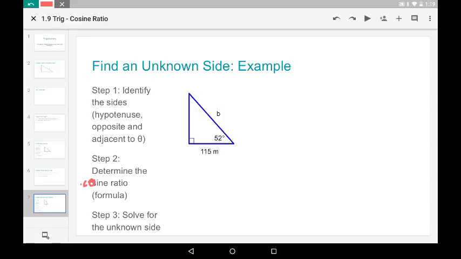Alright, so step 1, we're given 52 degrees, so that's our theta. Here's our hypotenuse, here's our adjacent side, and here's our opposite side.